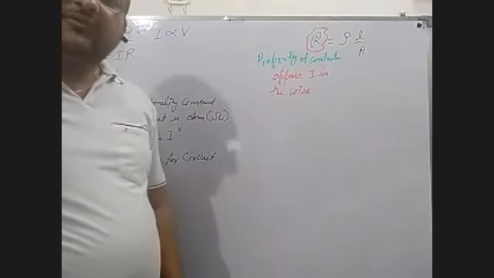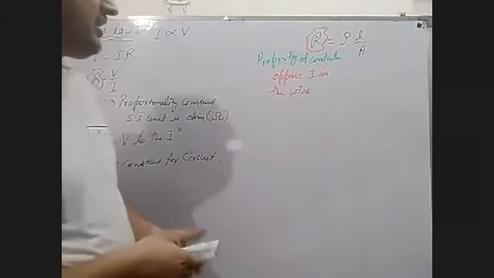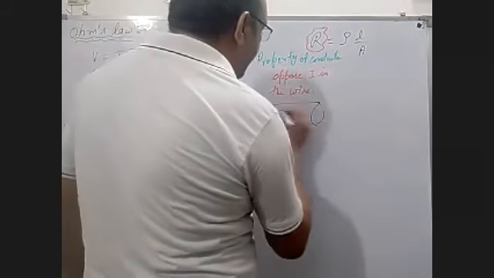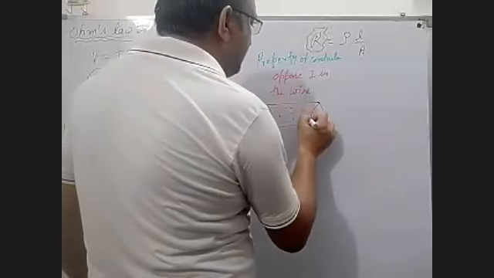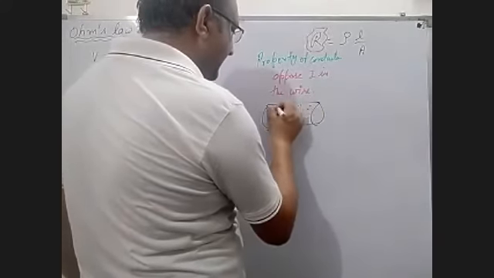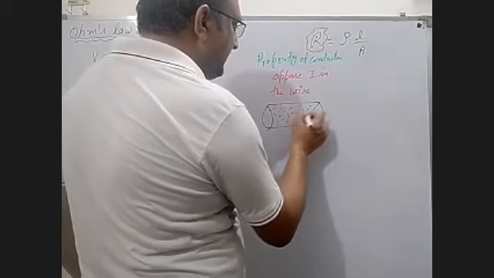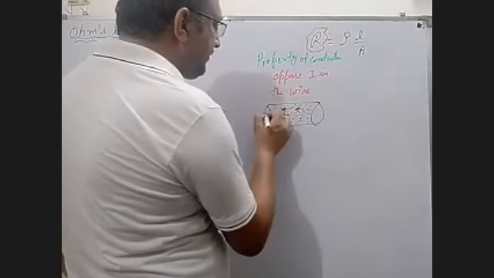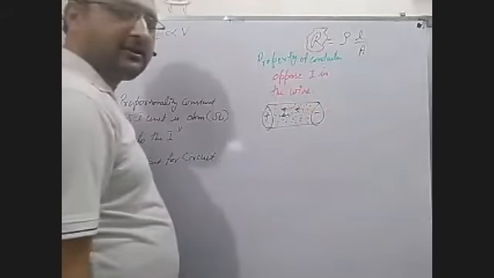Now, what is the reason for that? In a conductor, you know very well, there are so many free electrons. After applying the electric field or voltage, all these electrons move towards the positive terminal of the conductor.